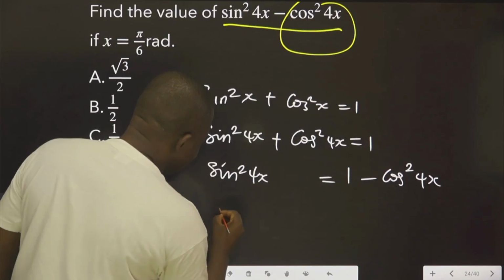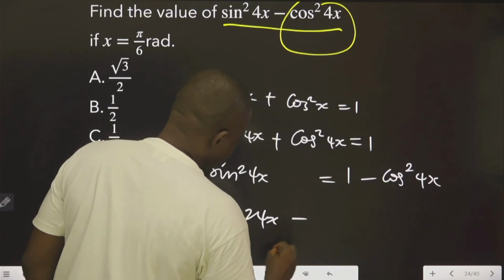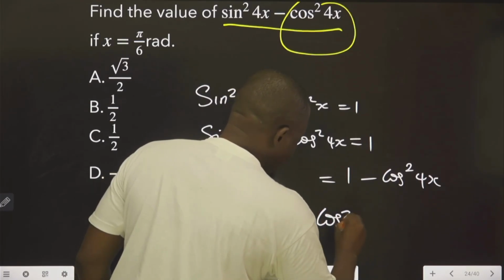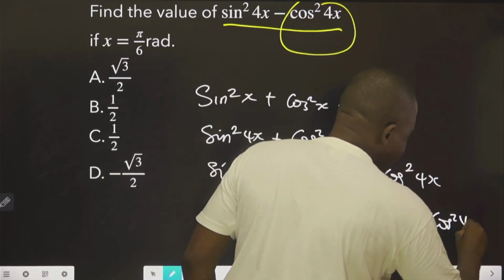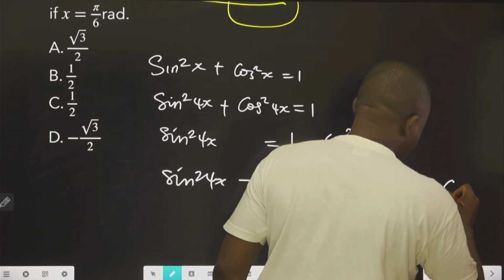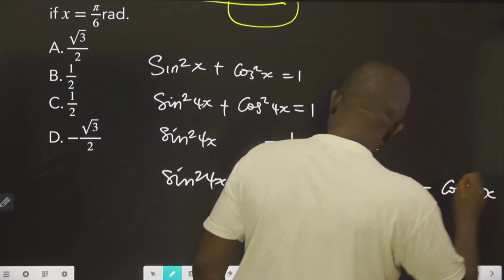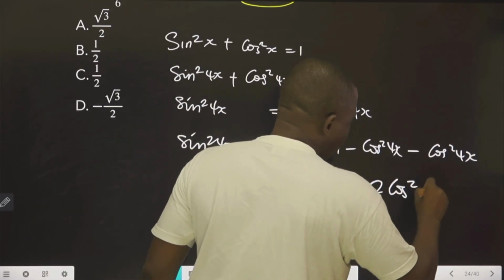Now, we say sine this minus cos this equals to 1 minus cos this. Then we now also remove it because we are subtracting it from both sides. Okay? This will give us 1, 2, this.